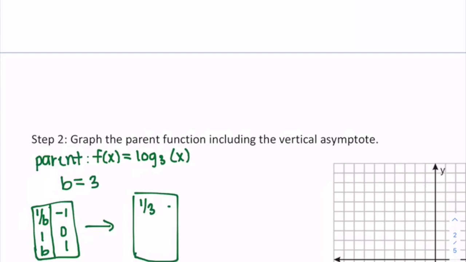So we're going to replace the b with 3 in each of those, giving us the points 1/3 comma negative 1, 1 comma 0, and 3 comma 1.